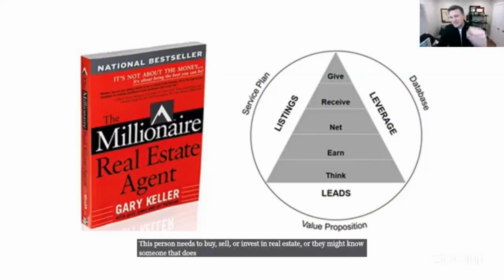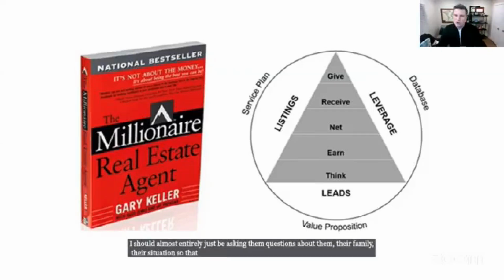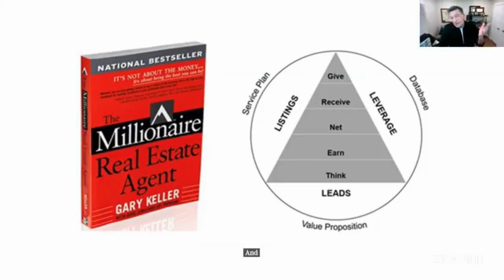So rather than sell them on me or my skills or something about Keller Williams, I should almost entirely just be asking them questions about them, their family, their situation, so that they feel seen and heard. And then they're going to naturally start to trust me to be the person to help them during this big financial decision they need to make around buying or selling real estate. And that's the simple trick that top agents learn. And they realize I don't have to have all the skills.